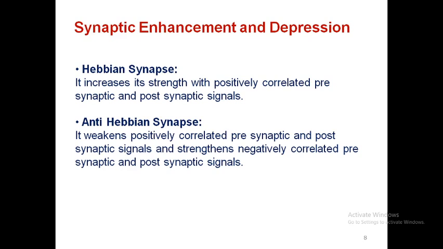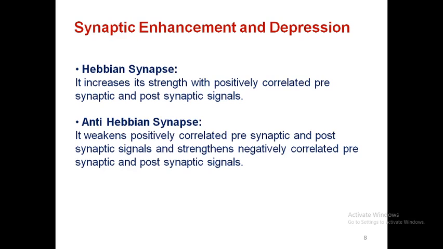The synaptic enhancement or depression. Synaptic weights, that is nothing. Enhancement means enhancement of weights or depression of weights. So whether it needs to be strengthened or whether it needs to be weakened. So how will it happen? The Hebbian synapse increases its strength with positively correlated presynaptic and postsynaptic signals, which have some positive correlation or positive trends.